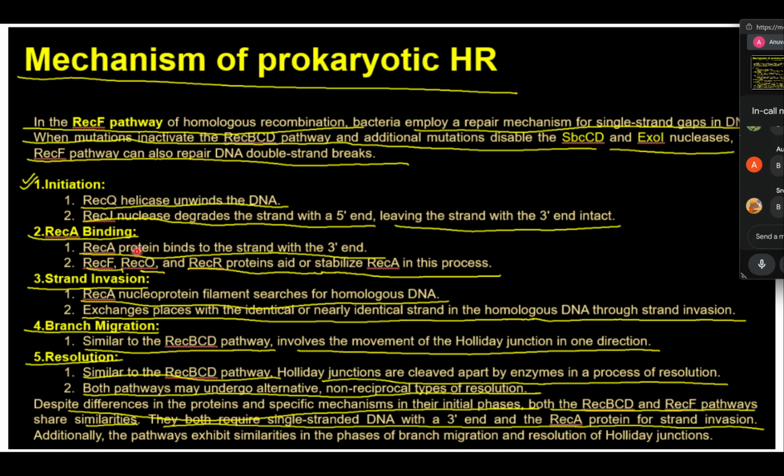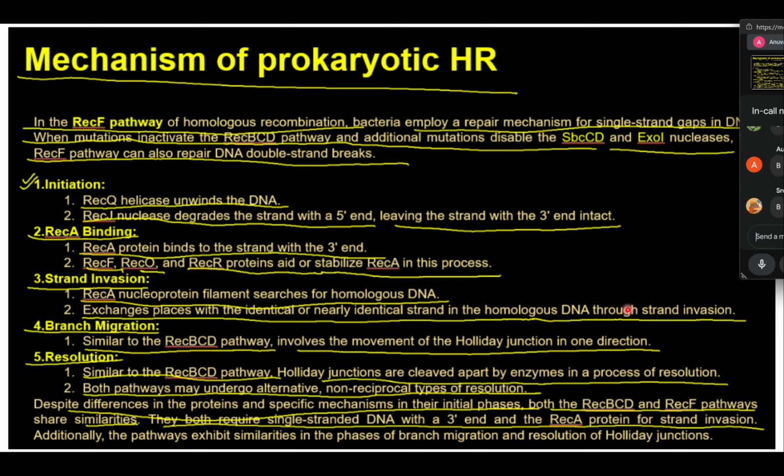Then there is the protein RecA that binds to the strand at the 3' end, and RecF, RecO, and RecR aid and stabilize RecA in this process. RecA then finds homologous DNA that can be used as a template, and it exchanges places with the identical strand in the homologous DNA through strand invasion.